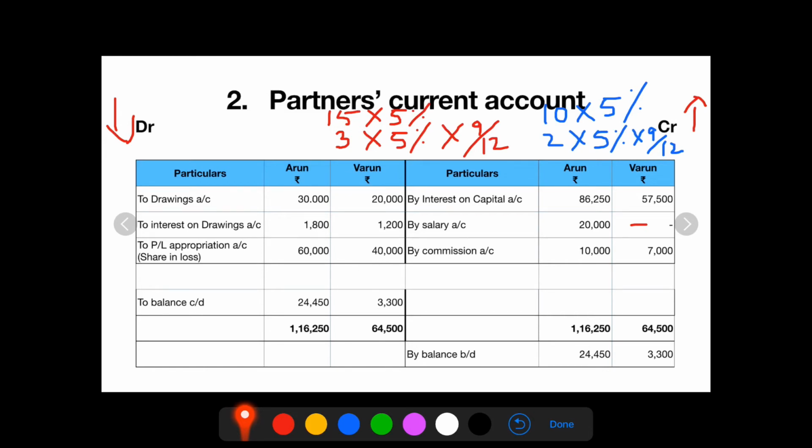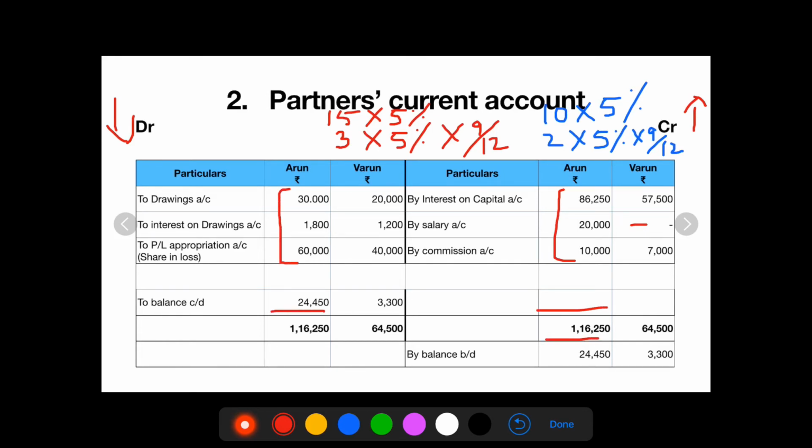Let's focus only on Arun. Arun debit, Arun credit. If you look at it, the credit side balance is more than the debit side. So let's do the balancing.